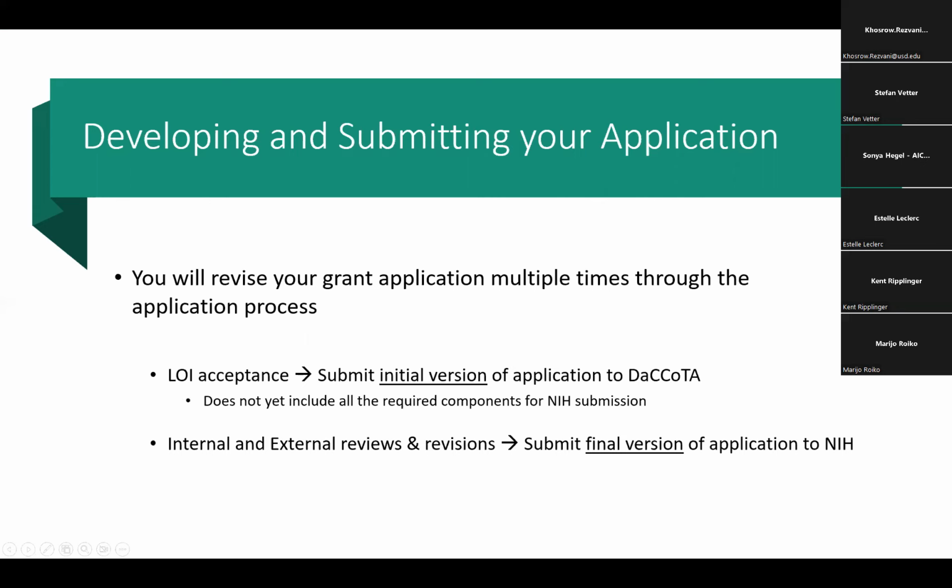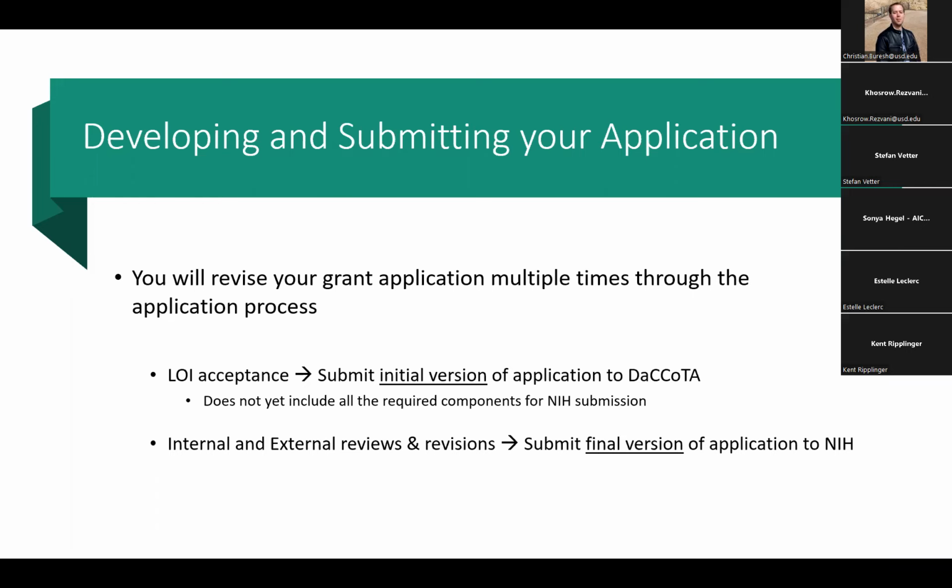issue that I want to bring up that not everyone knows about when submitting to the DaCCoTA is that you will actually be submitting multiple versions of your grant application. Once you have a letter of intent accepted by the DaCCoTA, you will then be invited to submit a complete grant application. And this is really your initial version of the application. This comes to the DaCCoTA.